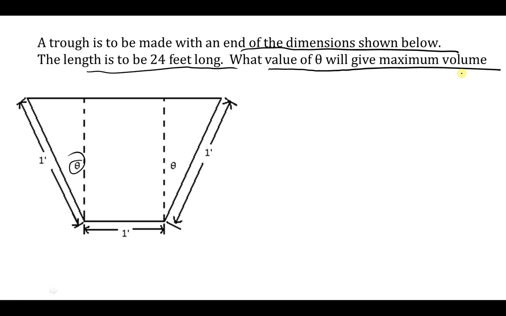So the volume will be the area of the end piece times the length, which is 24 times the area of the end.